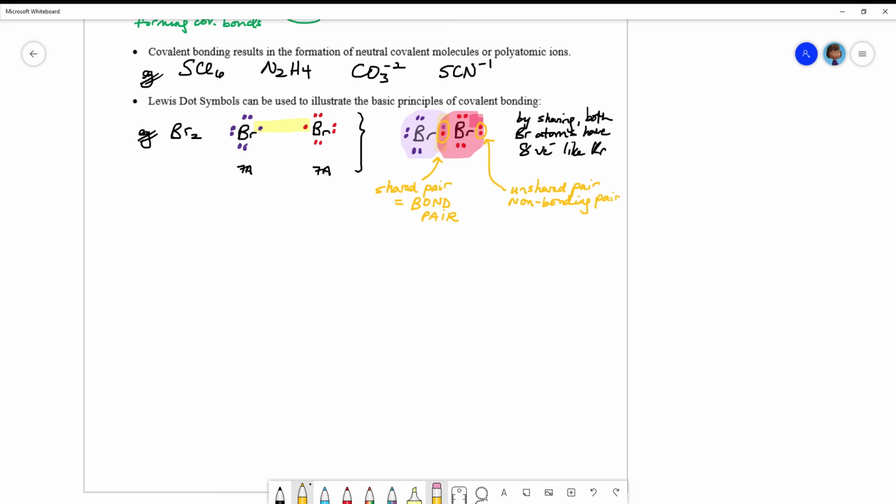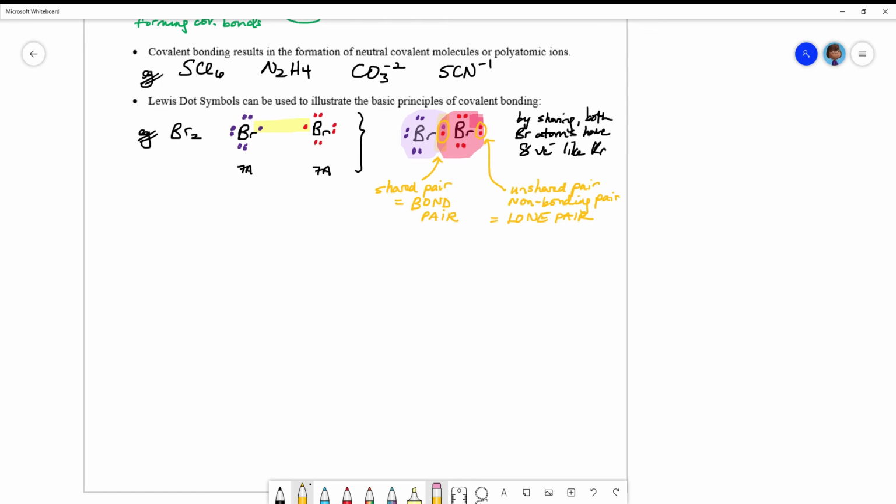But a much more common name for this pair of electrons is a lone pair of electrons. And so our electrons can be divvied up either as shared pairs, bond pairs, or unshared pairs, lone pairs, when we show the covalent bonding between nonmetal atoms.